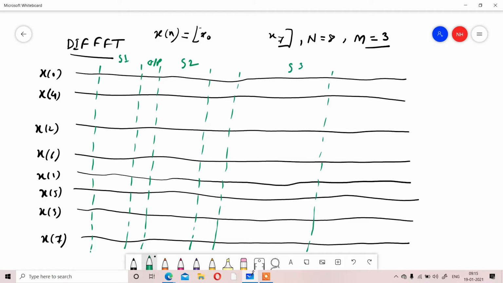The output of stage 3 will be simply the output of DFT, and the output will be in the normal order. Means there should not be any bit reversal process.